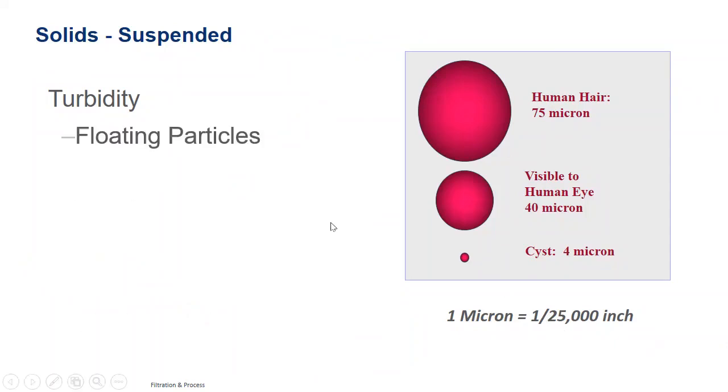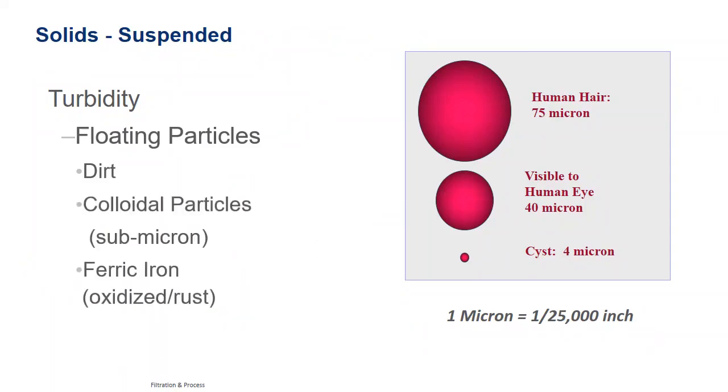So turbidity includes floating particles. This may be dirt. Think of dust in the air. You know how some of the dust settles out on furniture, but a lot of other parts of dust still float around. Well, the stuff that's still floating around is your colloidal particles, right? Think about a pipe kind of like the wind blowing over a desert. When you're not running water, floating particles have settled out to the bottom of the pipe.